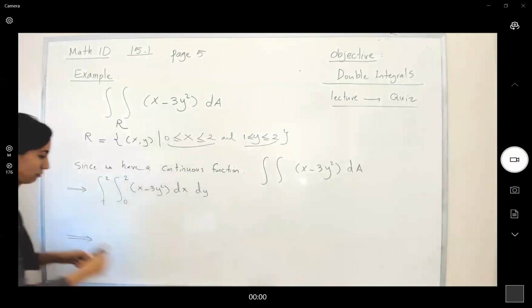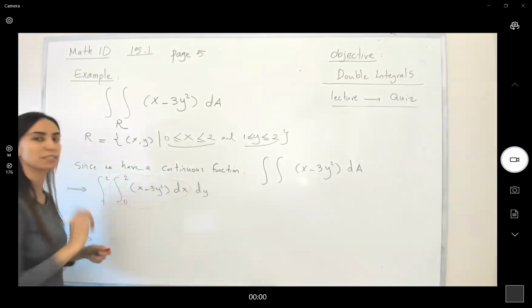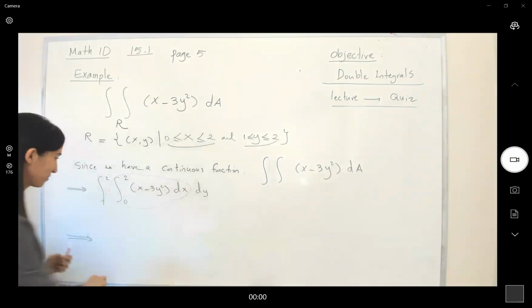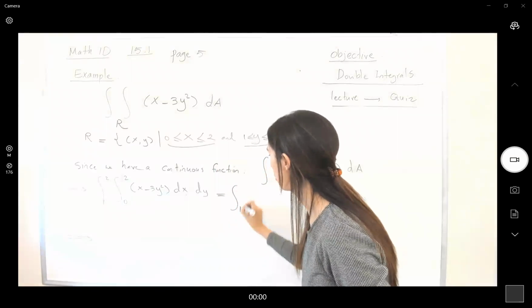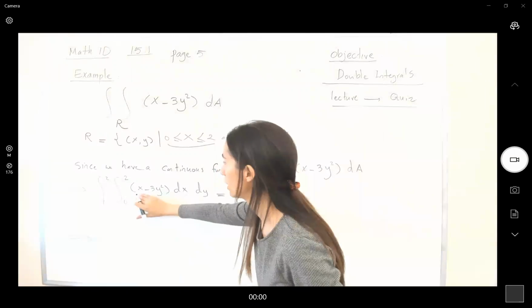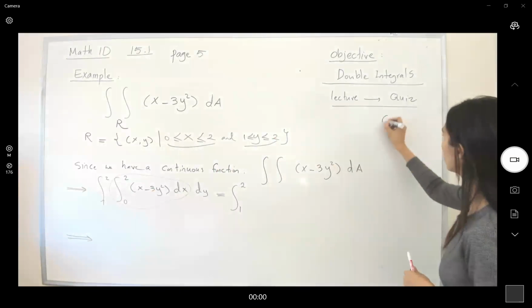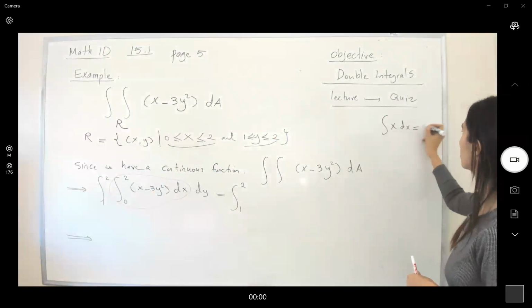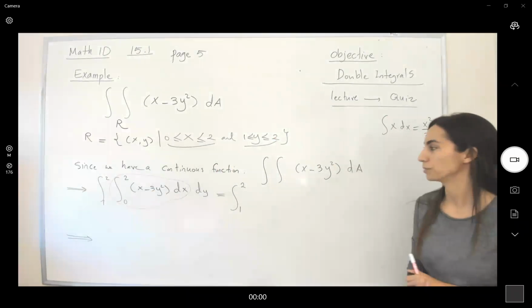I'm taking the integral with respect to x. Here I have the integral from 1 to 2. The inner integral with respect to x: remember that the integral of x dx is x squared over 2 plus a constant of integration.